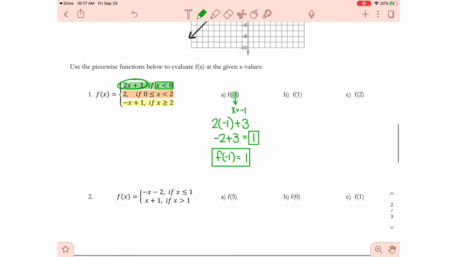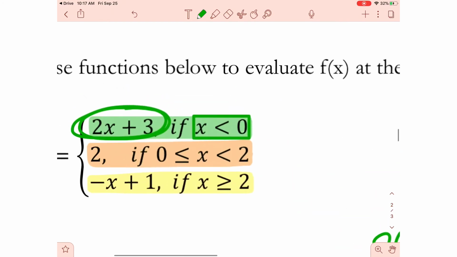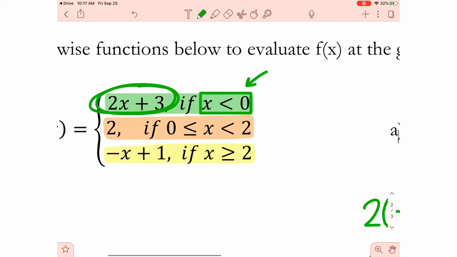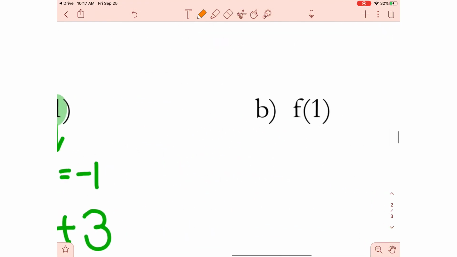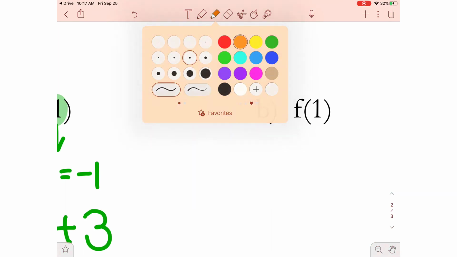Okay? Let's look at the next one, f of 1. So we have to decide, is the number 1 less than 0? No. Is the number 1 between the numbers 0 and 2? Ding, ding, ding. Yes, it is. 1 is in between the numbers 0 and 2, so this one I plug into the orange equation.